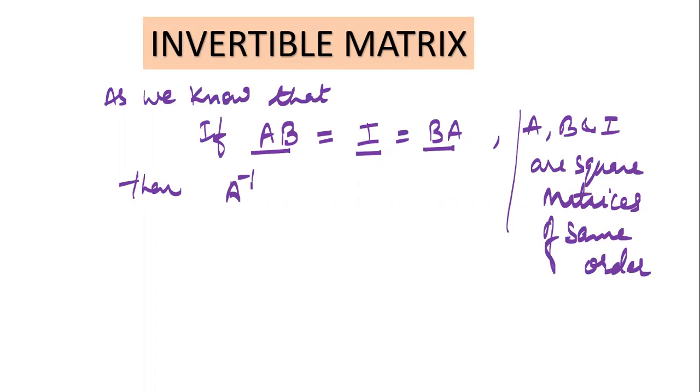That is, A inverse will be B and B inverse will be A.